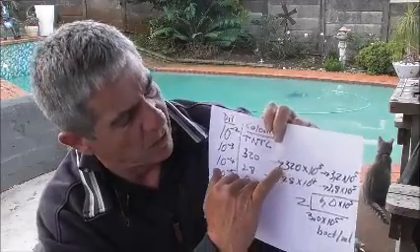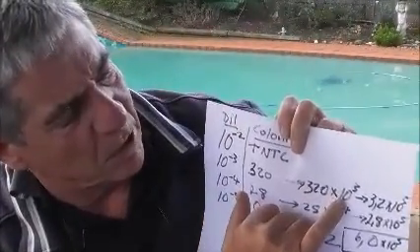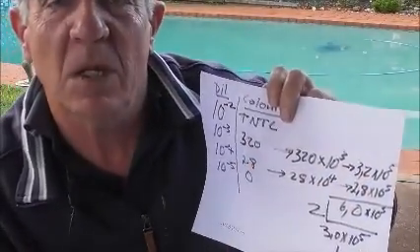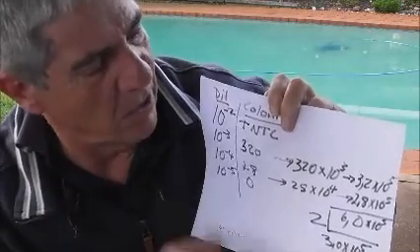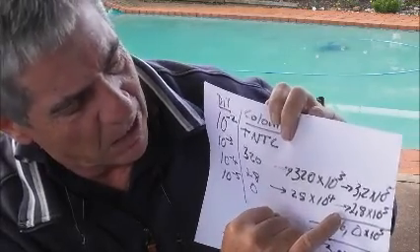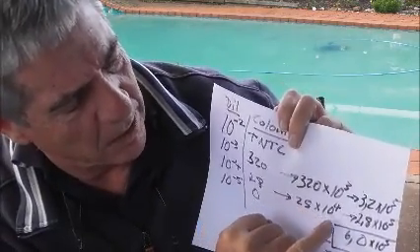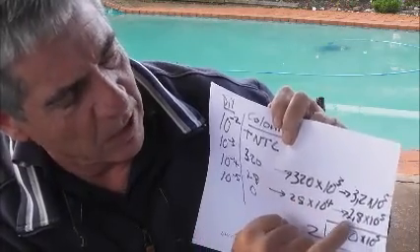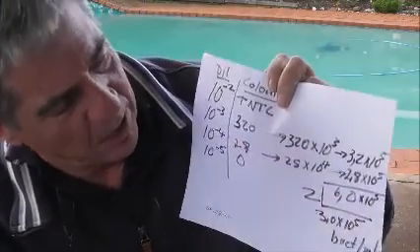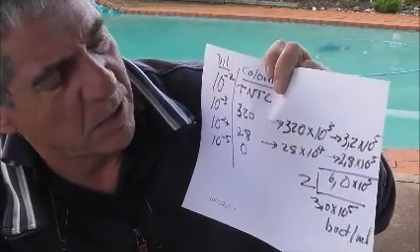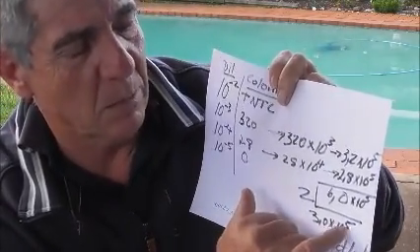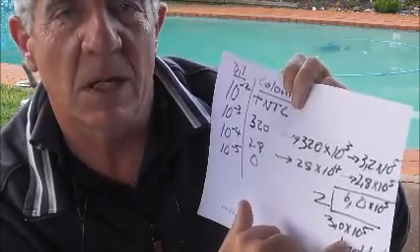Do you agree that 320 times 10 to the power 3 is the same as 3.2 times 10 to the power 5? Do you agree that 28 times 10 to the power 4 is the same as 2.8 times 10 to the power 5? Add it up, it gives you 6 times 10 to the power 5. Divide it by 2, it gives you 3 times 10 to the power 5 bacteria per mL.